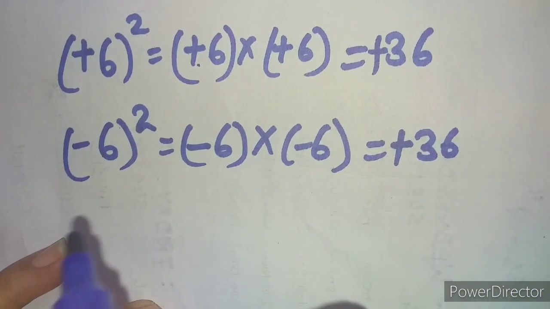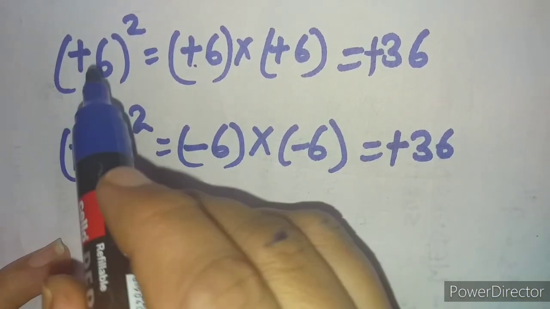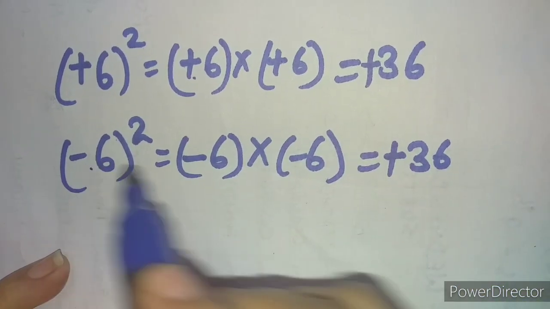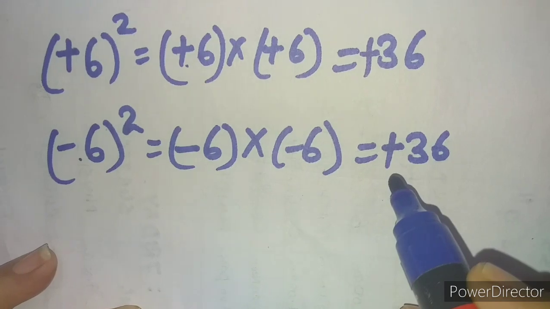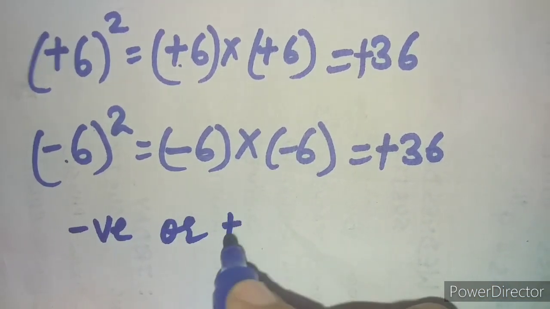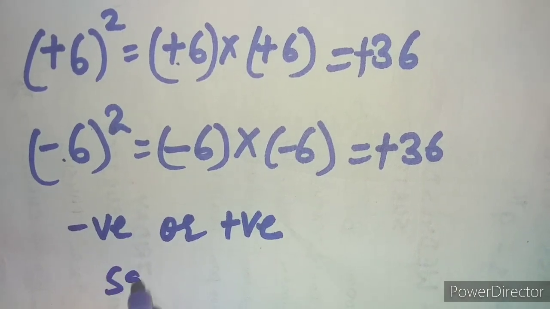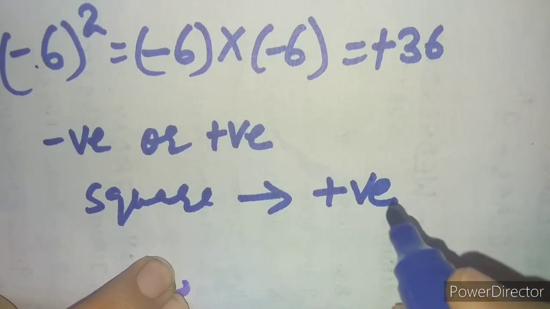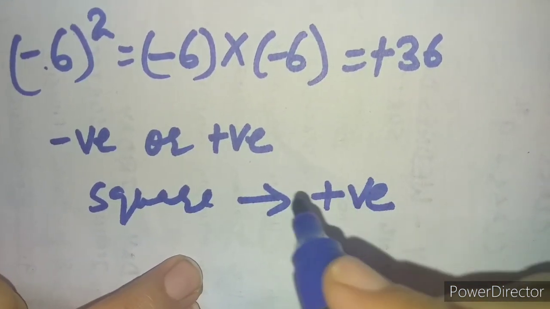So did you notice very interesting thing here, that square of a positive number is positive, but the square of a negative number is also positive. Okay, so whether the number is negative or positive, its square is always going to be positive. This is the interesting property about the squares.